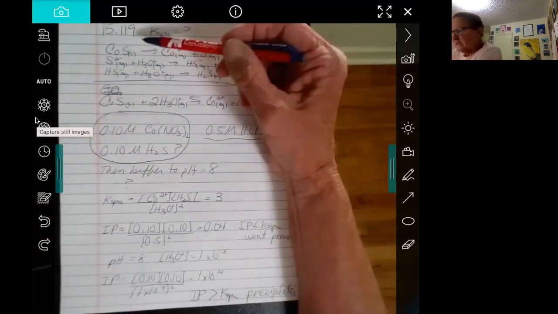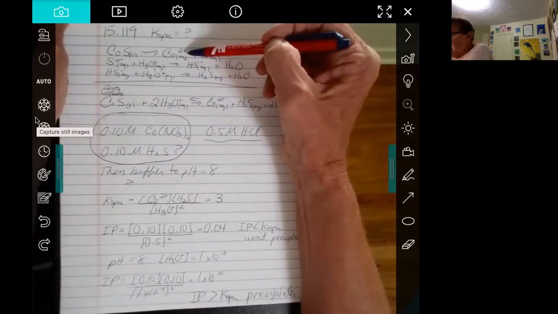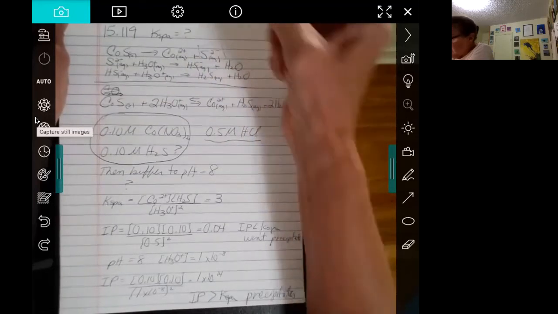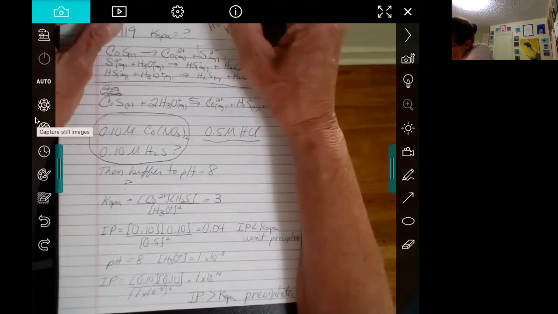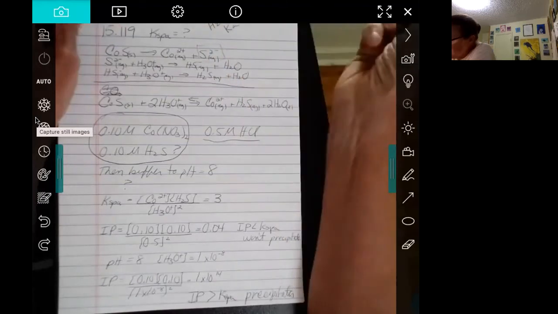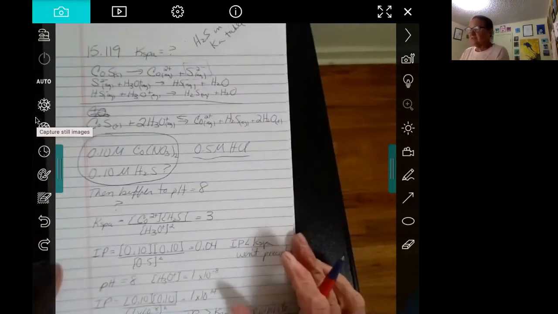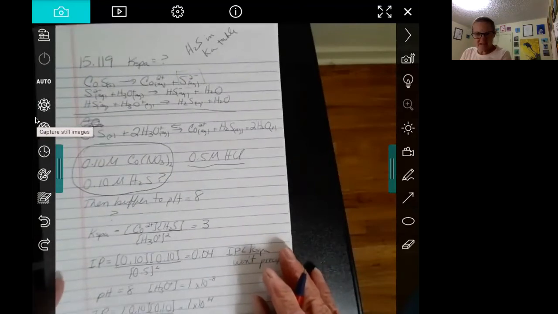So if cobalt sulfide were to dissolve, you get cobalt 2 plus and sulfide, which has 2 minus. But we know, because if you look in the Ka table, there's a value of Ka1 and Ka2 for H2S. That means that it's a weak acid and that it's a diprotic weak acid.